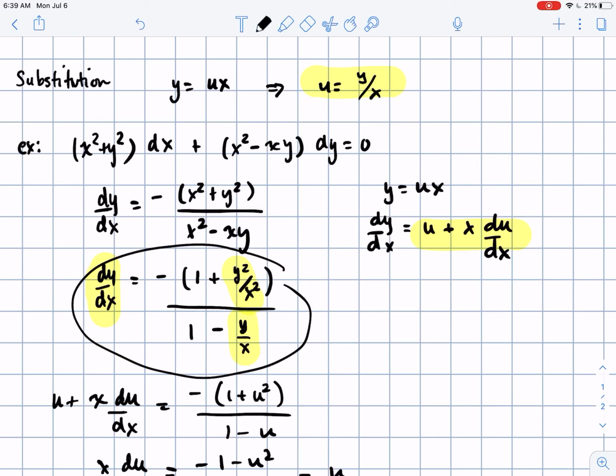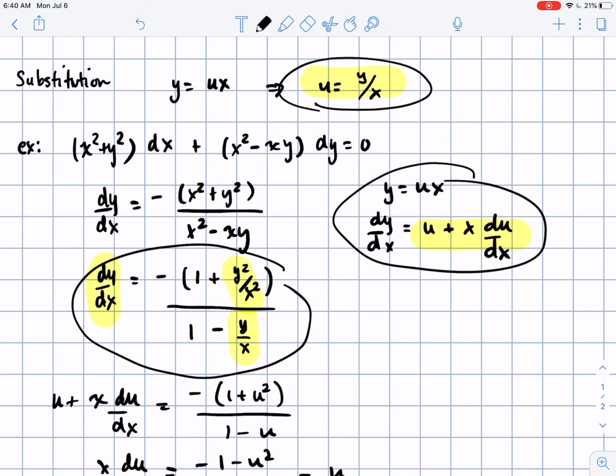Trying to get it into this form, and then it becomes easier to just substitute your u and then substitute for dy dx as well. So, a couple things: y equals ux or some variable x, and then get what that variable is going to equal and then try to substitute from there.